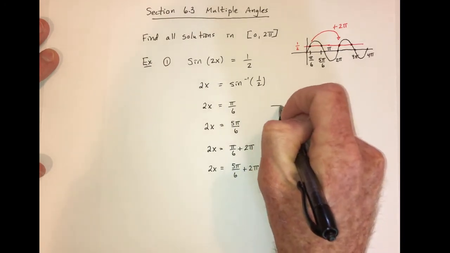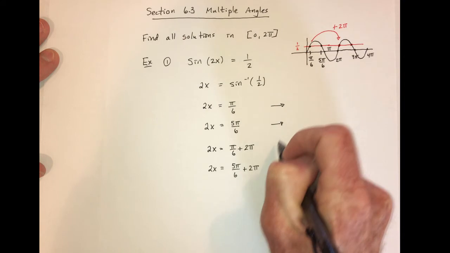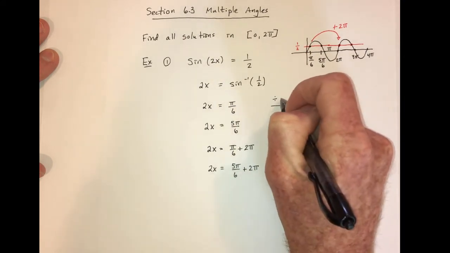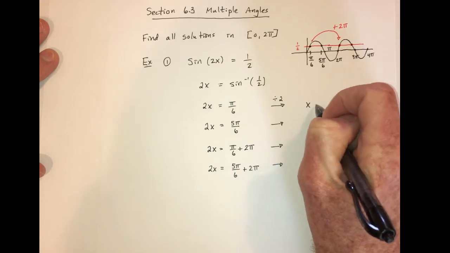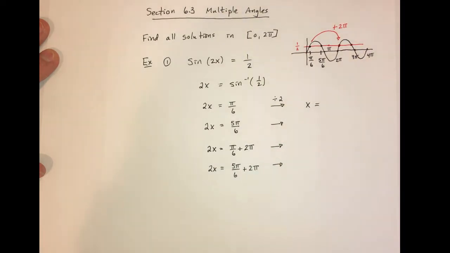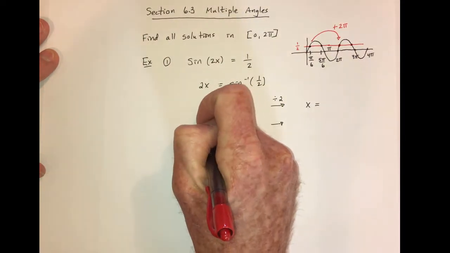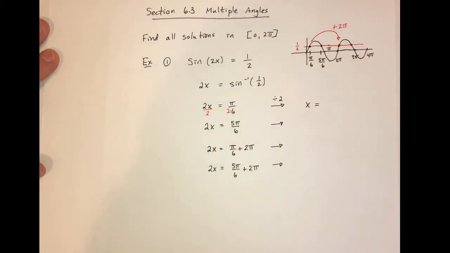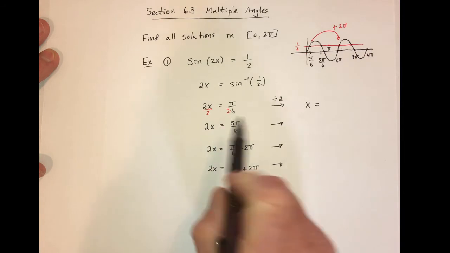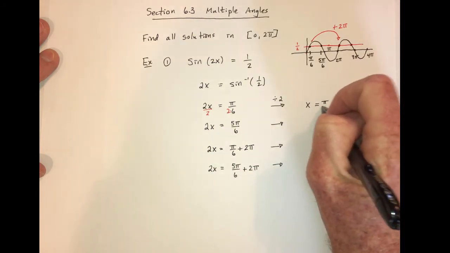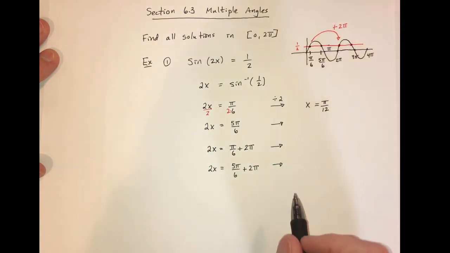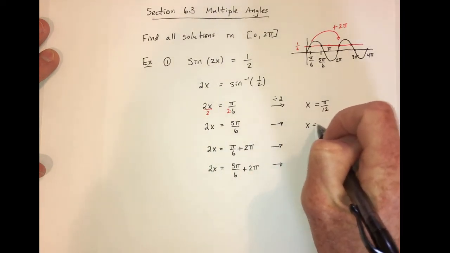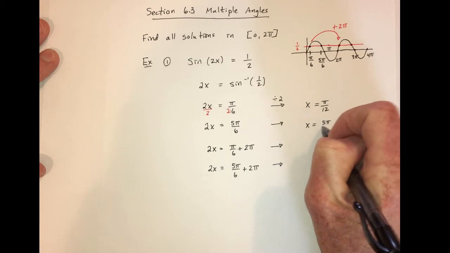So then, once these are all done, the last step is divide by 2. So the first one is going to be x equals, and then divide by 2 on each side. So then this will become pi over 12. And then divide by 2, and this one's going to become 5 pi over 12.